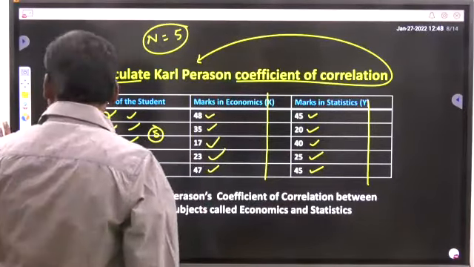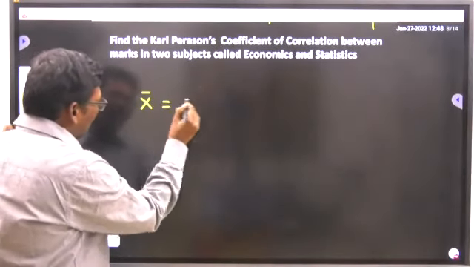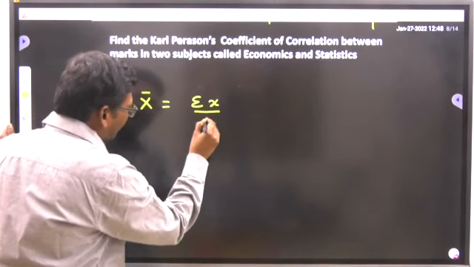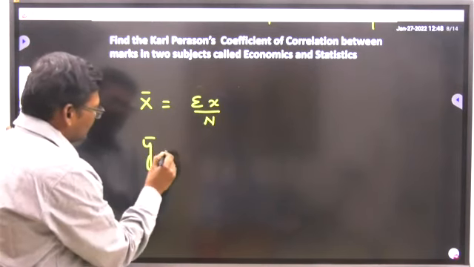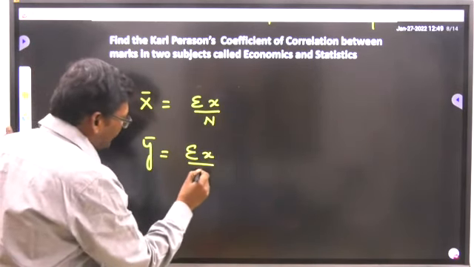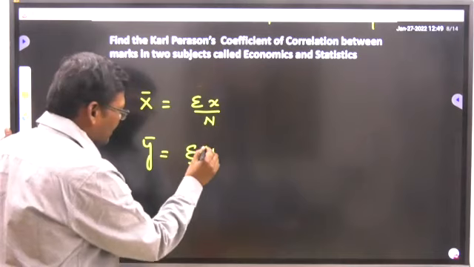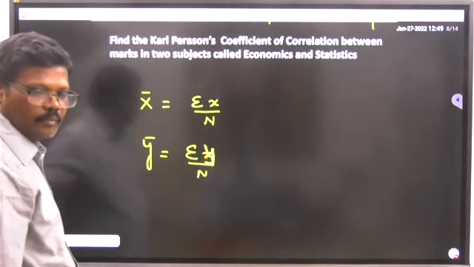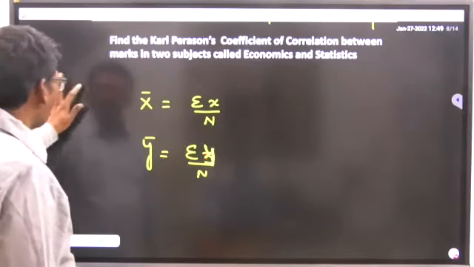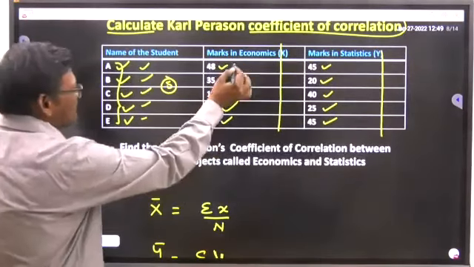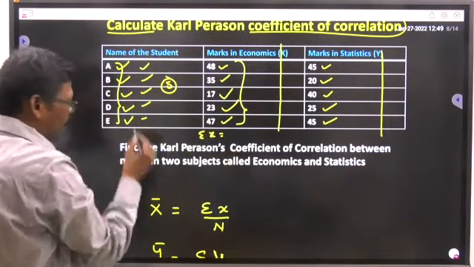What is X bar? X bar is equal to sigma X divided by N. Y bar is sigma Y divided by N. We already know the arithmetic mean. So X bar is the sum of these observations, sigma X, divided by N. How many observations are there? 5.